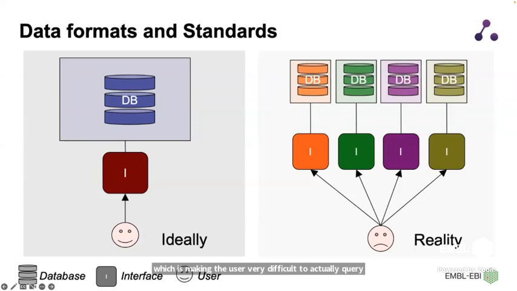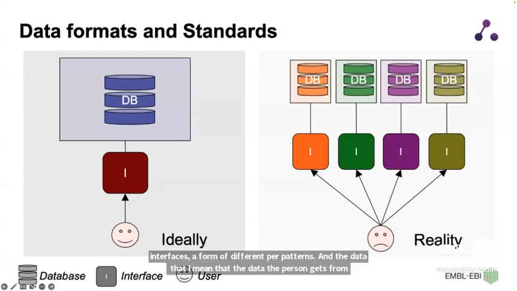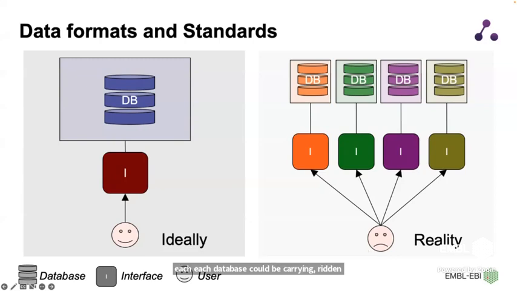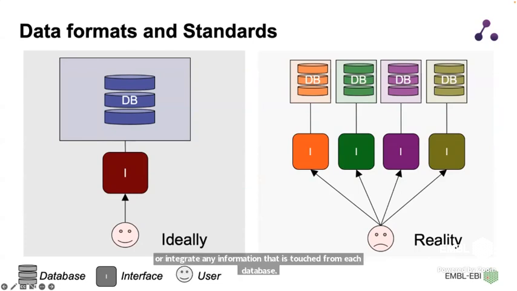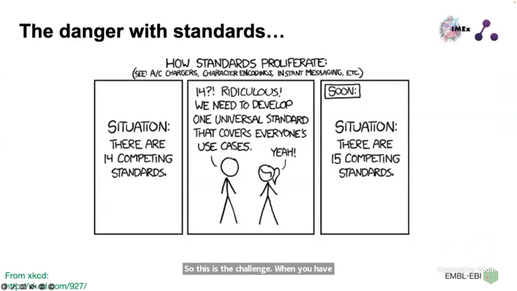The user has to query multiple interfaces and format different query patterns, and the data from each database could carry redundant information, and it is very difficult to overlap or integrate the information fetched from each database. So this is the challenge when you have multiple databases operating in different data formats and standards.